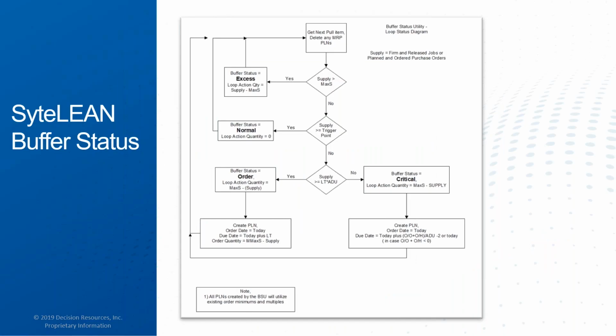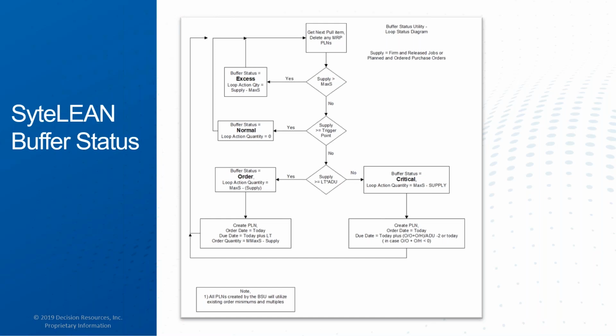The buffer status utility follows a pretty simple algorithm, and I won't go through this in detail, but essentially what we're doing is making the decision whether the supply chain needs to be replenished or not.